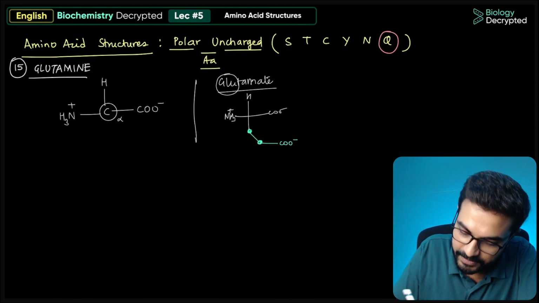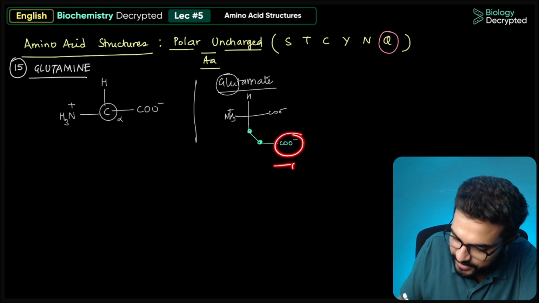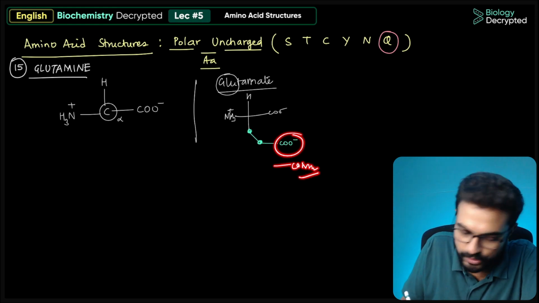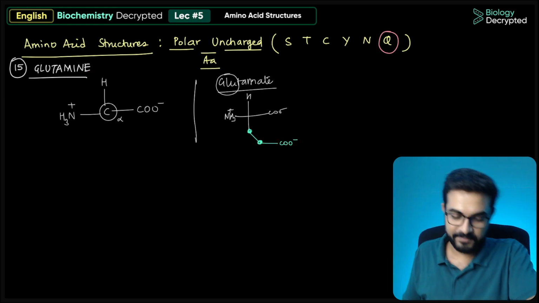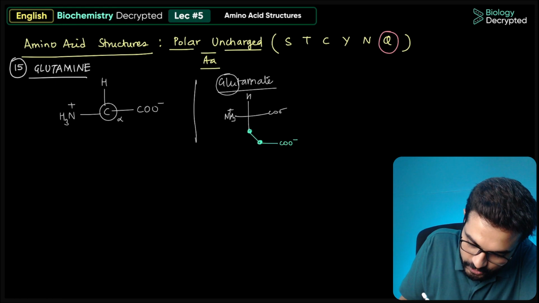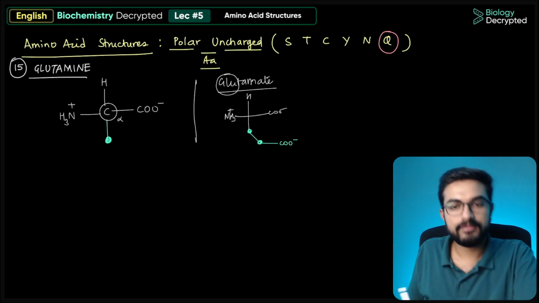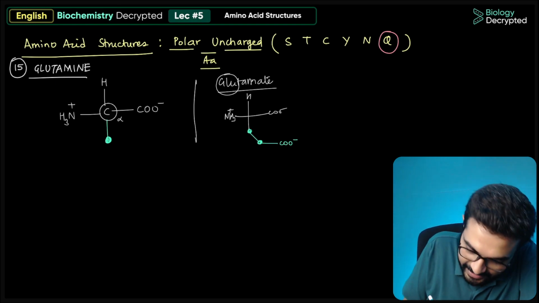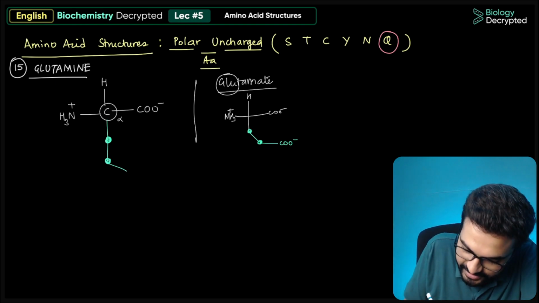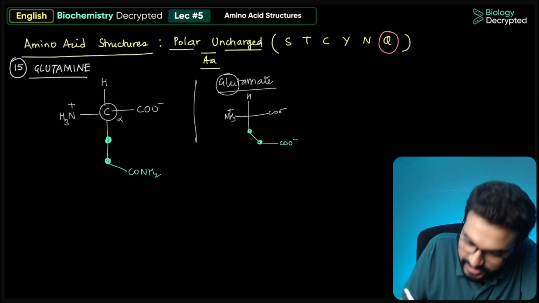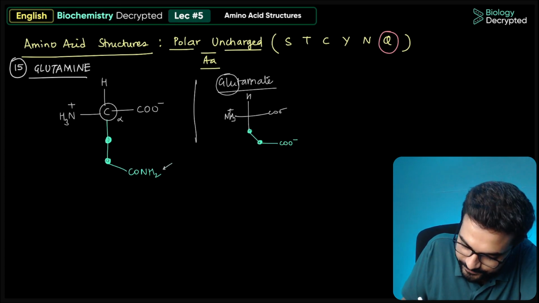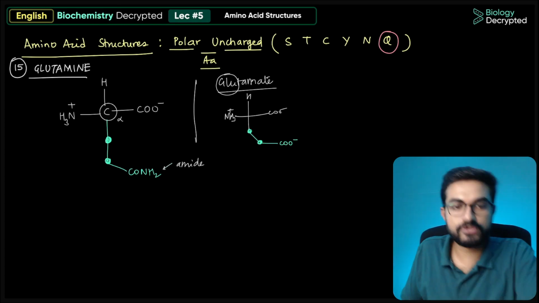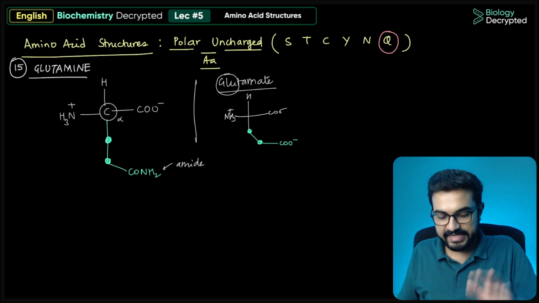If you replace this with CONH2, you will get glutamine. So you will draw this carbon here, add another carbon, and here you will write CONH2. Again, obviously this is also an amide group, and this is the structure of glutamine.